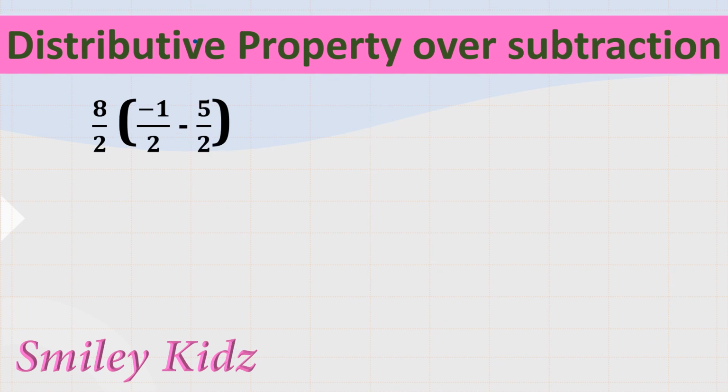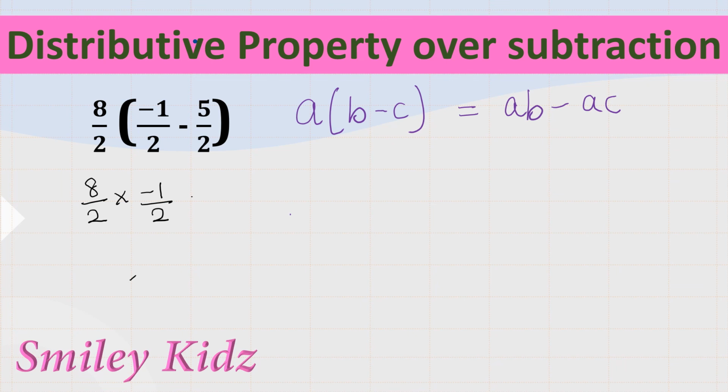Distributive property over subtraction. The property is a multiplied by (b minus c) is equal to ab minus ac. So let's apply the property and solve this example, which is equal to 8/2 multiplied by minus 1/2 minus 8/2 multiplied by 5/2.